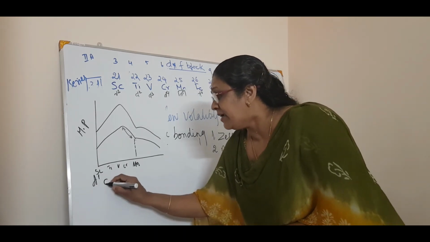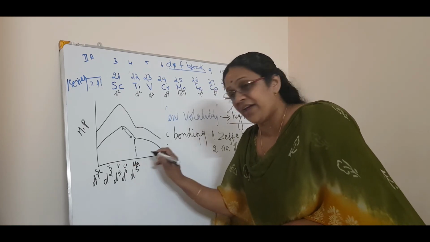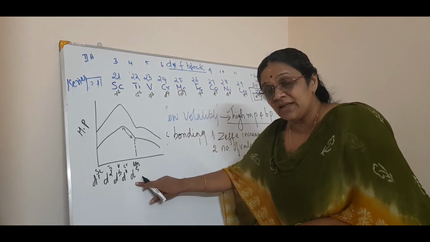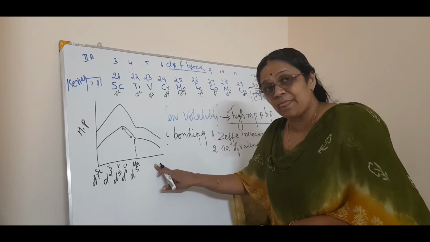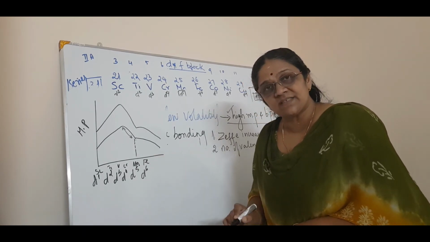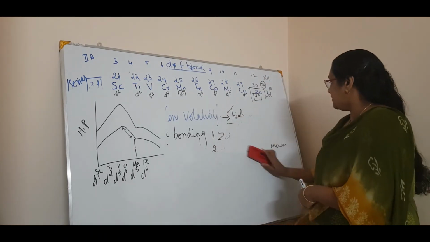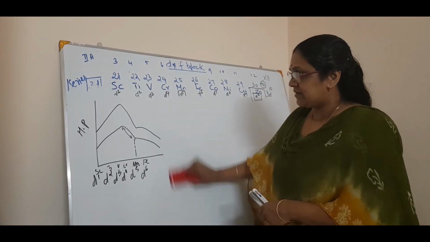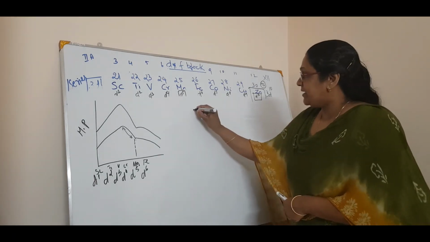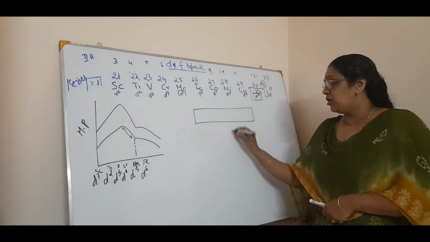Scandium is d1, then d2, d3, d4 and d5. This is the half fill. Now after manganese, at iron, what will happen? At d6 pairing starts. You know what pairing is? I will tell you and go on. Pairing means, this is a d orbital, isn't it? How many shells?